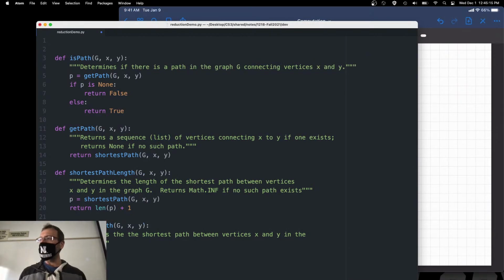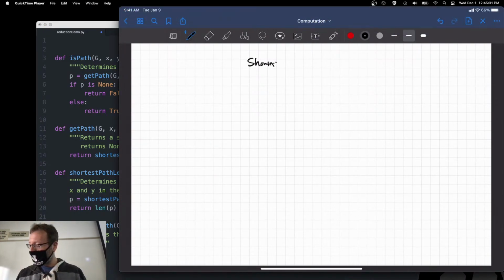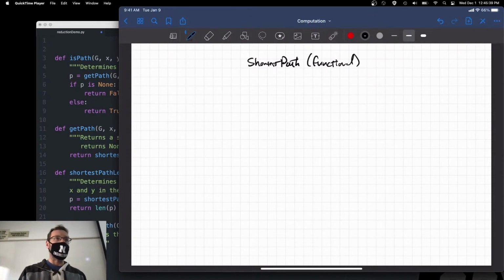So that is clearly, I don't want to say strictly greater than, because it could be less than or equal to, but that is clearly the most difficult problem, right? So I'm going to write that at the top. Shortest path. And this is the functional version. Why is it the functional version? Because it actually returns the path. It gives you the solution.